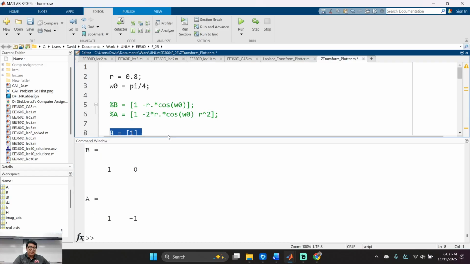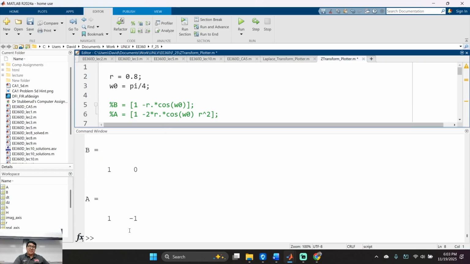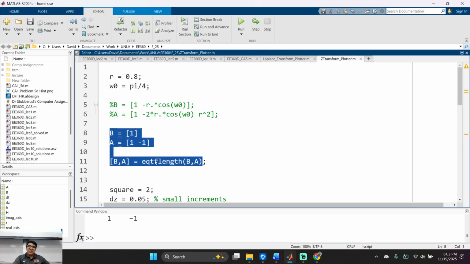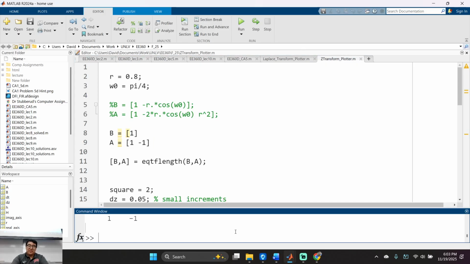Come on, there we go. That's our numerator, that's our denominator, but this is our higher power, z. And this right here is our bottom, the highest power, correct? So this equal length one, actually, what does it do? Help eq tf length. There we go.